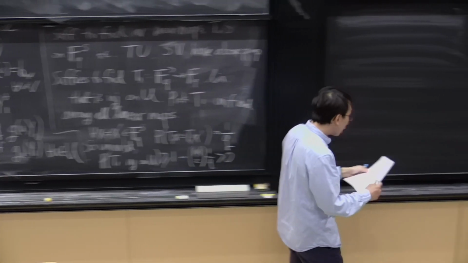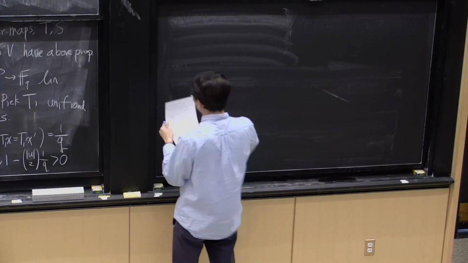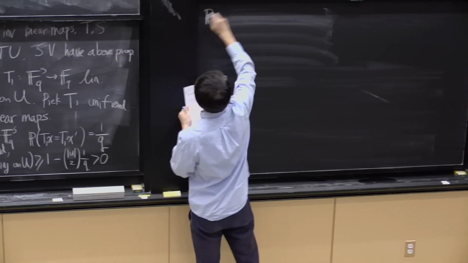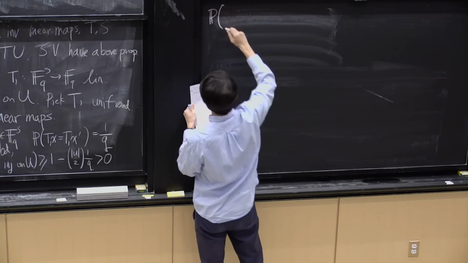One way to get tail bounds, once you have the moments, is to use Markov's inequality.